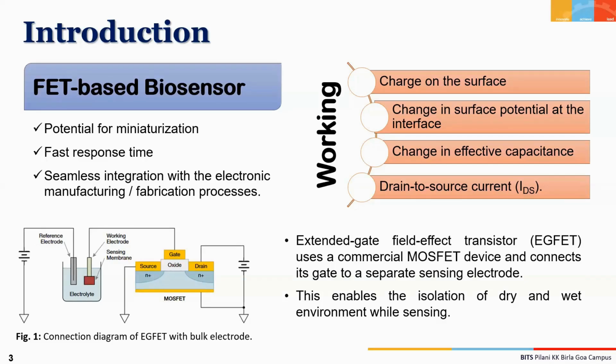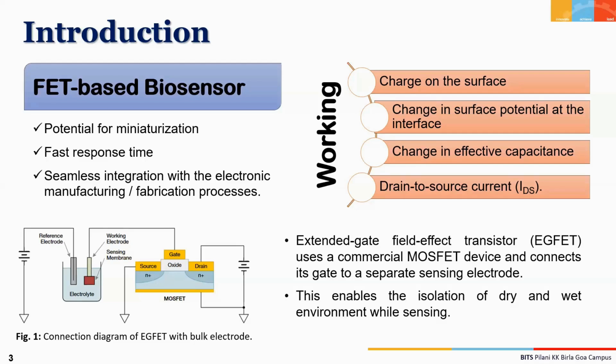But conventionally most of the time this extended gate field effect transistor is being used with the help of a bulk electrode. The advantage with this extended gate field effect transistor based biosensor is that through this we can separate out the dry part and the wet part.